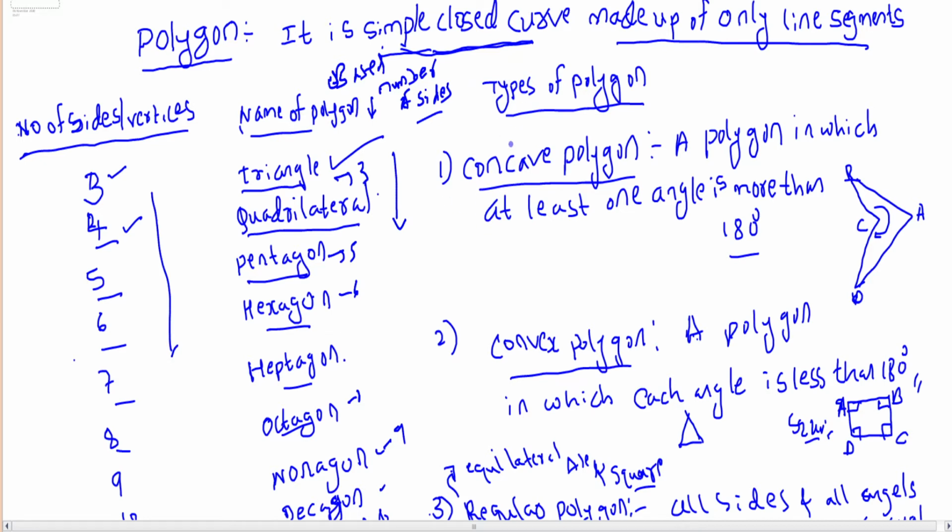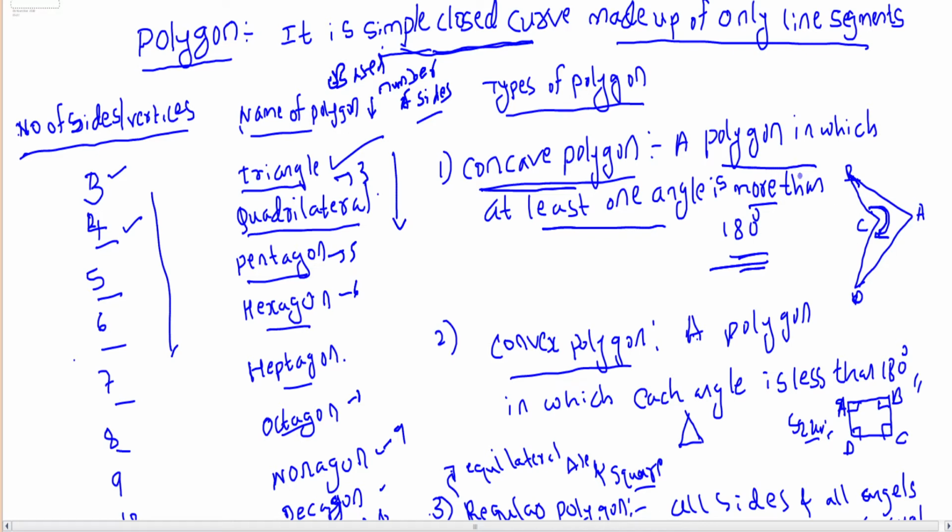Again, based on some criteria you can observe types of polygons. One is the concave polygon: a polygon in which at least one angle is more than 180 degrees. For example, this figure is a polygon because it is a simple closed curve made up of only line segments, and this angle is more than 180 degrees.